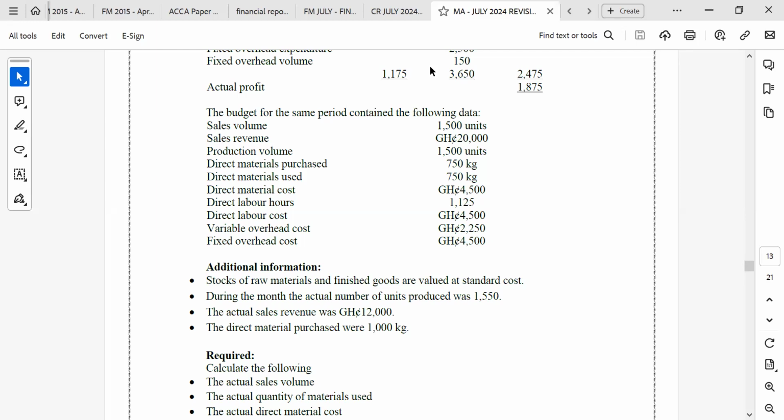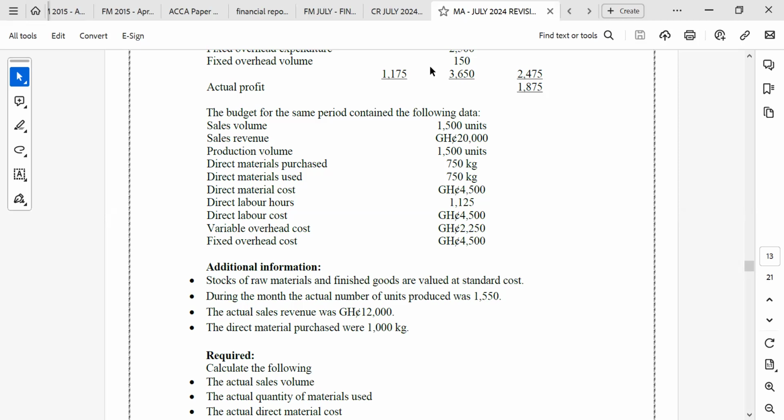Additional information: 1. Stocks of raw materials and finished goods are valued at standard cost. 2. During the month, the actual number of units produced were 1,550. 3. The actual sales revenue was 12,000 Ghana cedis. 4. The direct material purchased were 1,000 kilogram.